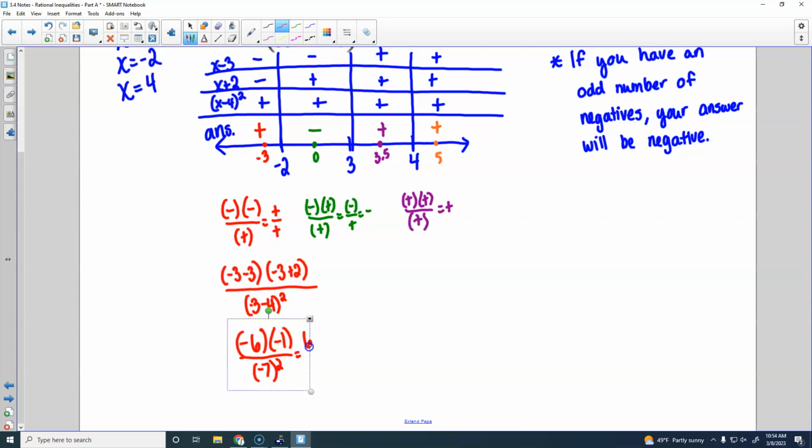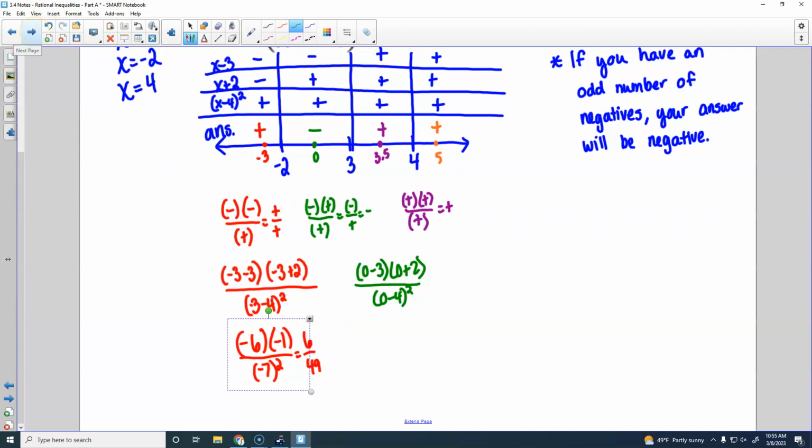This will give me +6 over +49, and I'd get a positive for that section. So you could do that. Then you could go on to the next one and plug in 0. So 0 minus 3, 0 plus 2, 0 minus 4 squared, and then work that out to see if you get a positive or a negative. So the chart is just a tool that might help you do it a little bit faster. You don't necessarily have to use it.